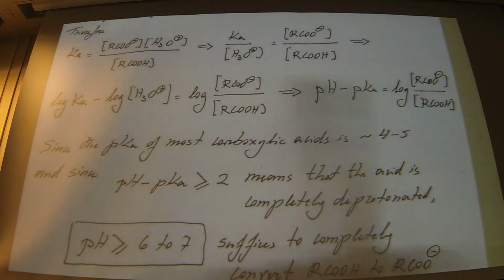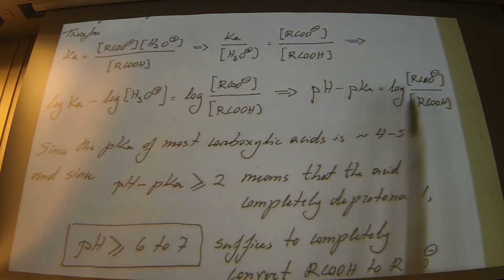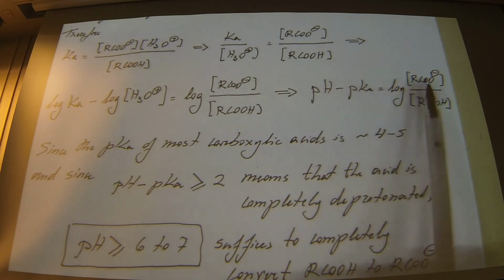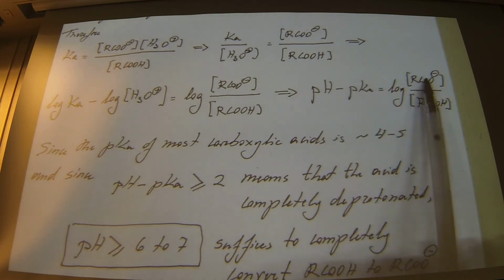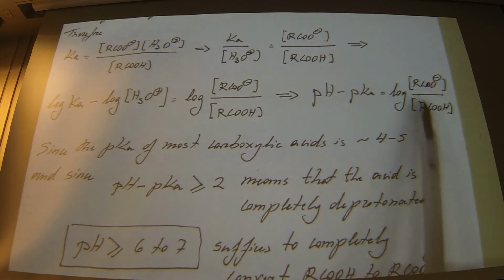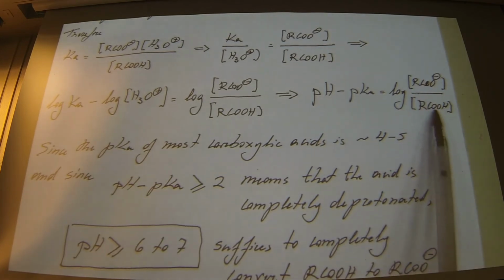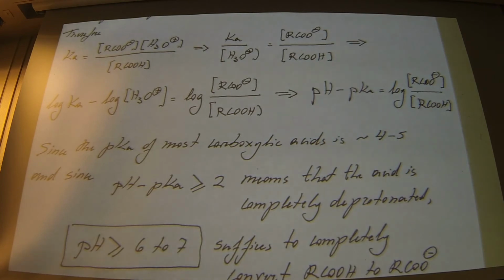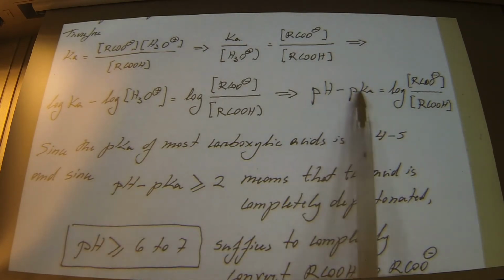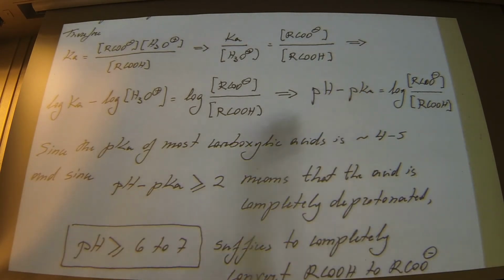Same as here. So pH minus pKa is going to be log of carboxylate over this. If it's a complete reaction, then this ratio is 100 to 1. Log of 100 is 2. So all you need is for this to be greater than or equal to 2.